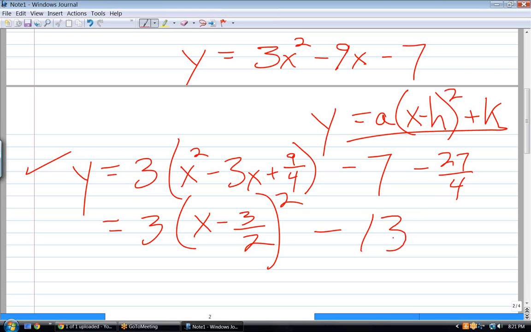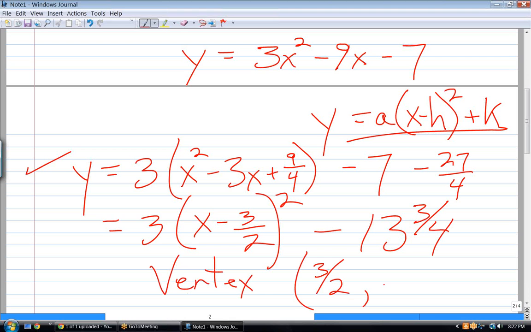So that's 13 3/4. Notice how everything was actually a little easier if I left it as an improper fraction rather than converting to a decimal. Mm-hmm. It just worked out that way. And that's vertex format. Okay, what's the vertex? Would be 3 halves, negative 13 3/4. Good.